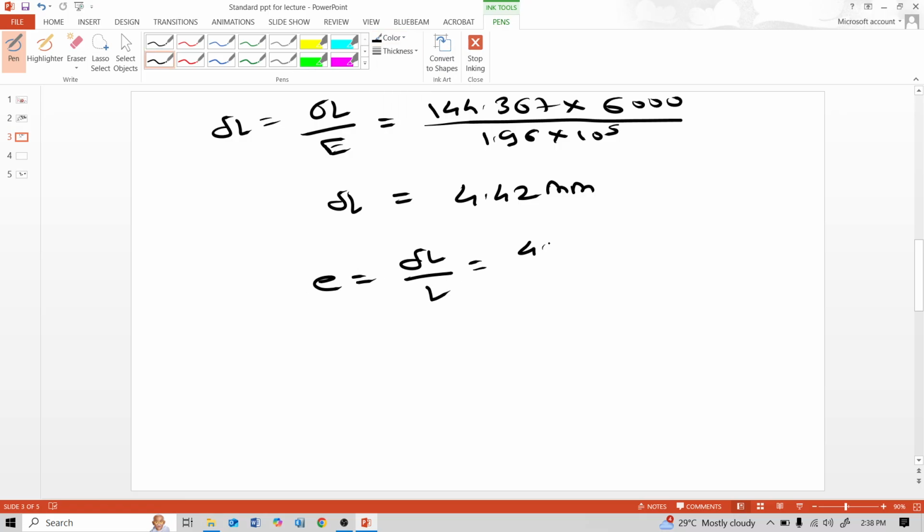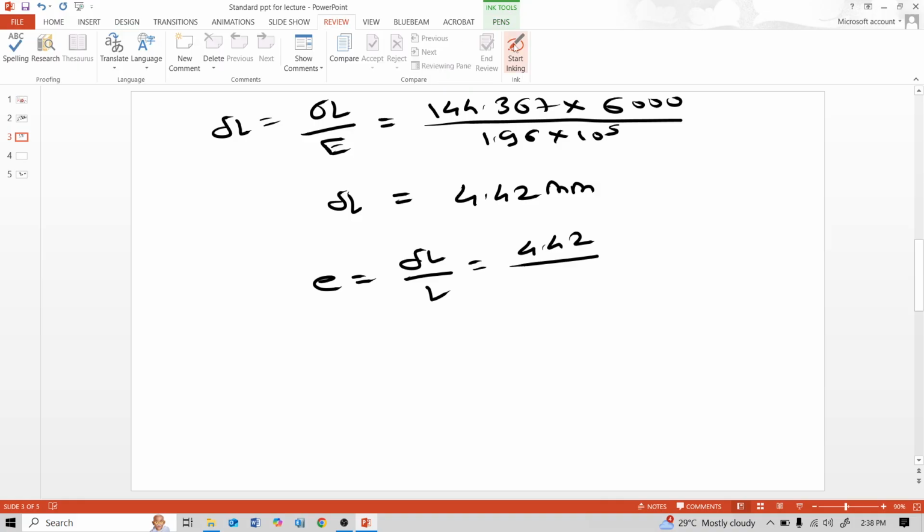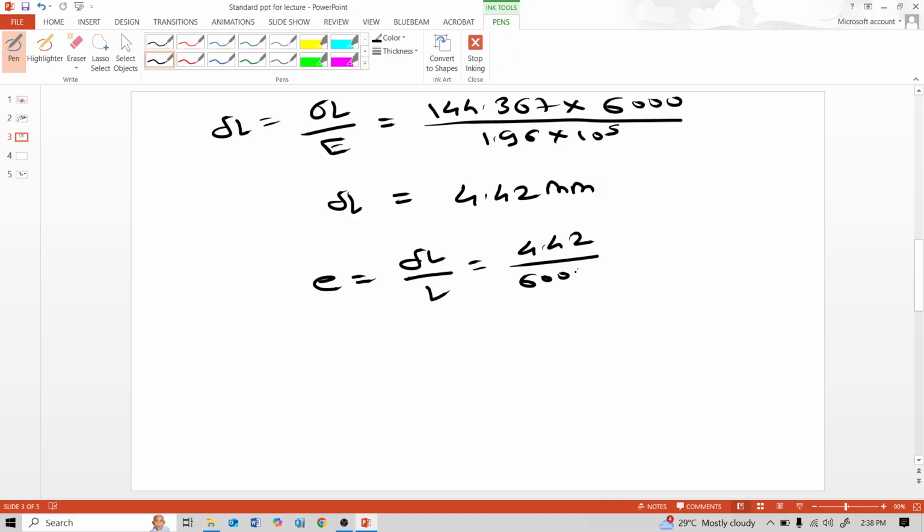Change in length is 4.42 and L is 6000 mm. So 4.42 divided by 6000 is 7.36 into 10 raised to minus 4. No mm, strain is a unitless quantity.